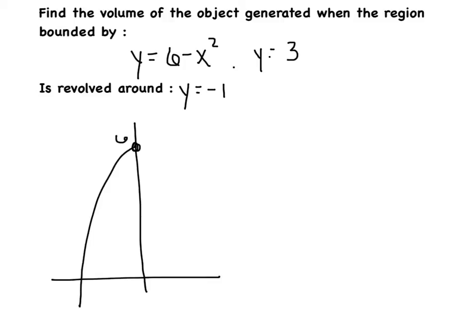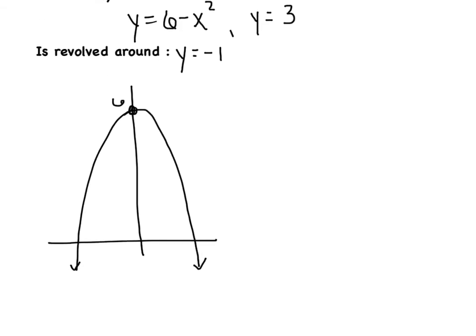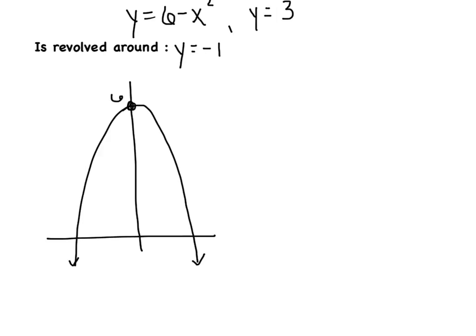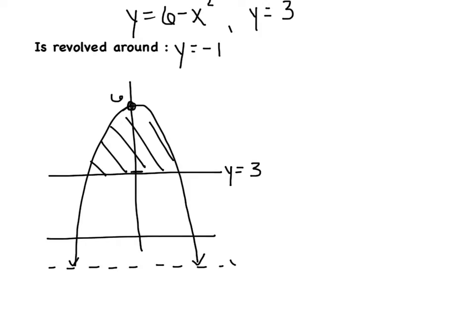We're opening downward. And I'll tell you what, I probably should give myself just a little bit more room so I can get that axis of rotation in there. So we've got y equals 3 is about right there. Here's the region that we're working with, and we're going to revolve it around the line y equals negative 1 down here. And that's my axis of rotation.